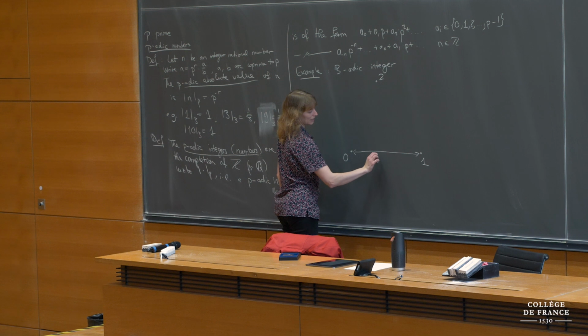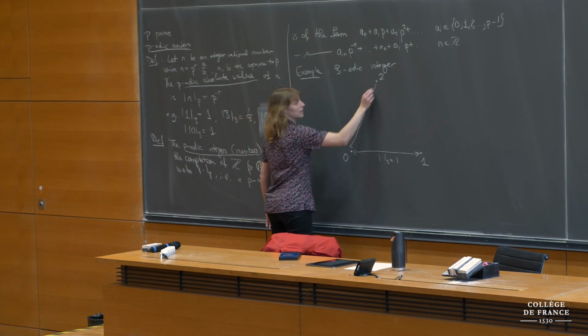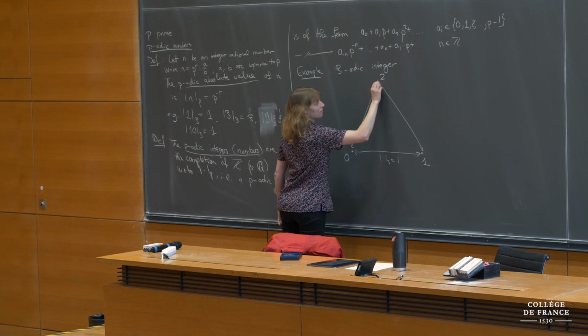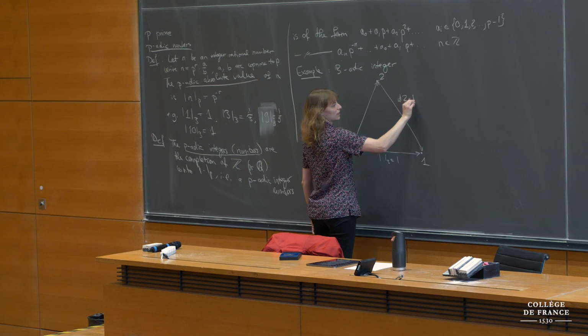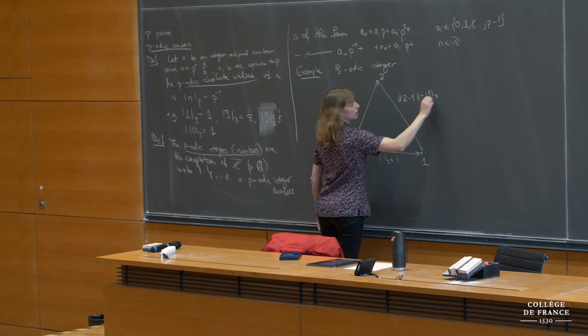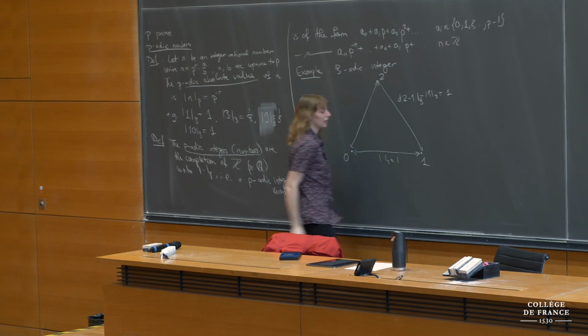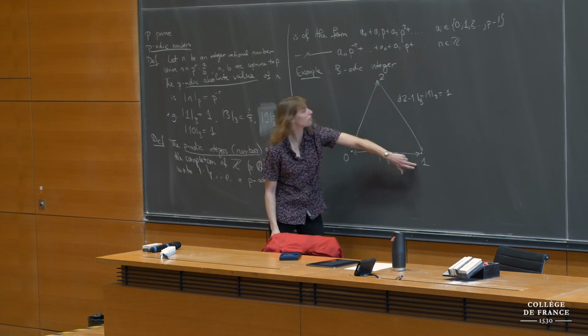So the three-adic distance between these two is 1. The same here and the same here. So the three-adic absolute value of 2 minus 1 is the three-adic absolute value of 1, which is equal to 1. And that corresponds basically to choosing a_0 to be 0, 1, or 2.